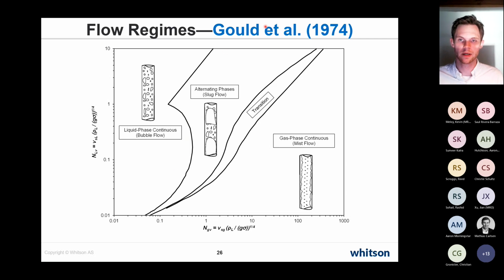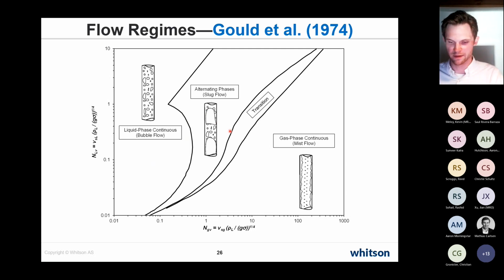But if you like this one here by Gould et al., you can plot a dimensionless gas velocity and a dimensionless liquid velocity. And you can see that for low gas velocities and high liquid velocities, the liquid phase is assumed to be the continuous phase in the well, and the gas sort of exists as bubbles percolating through the liquid. In the middle here, we have more of an alternating continuous phase.